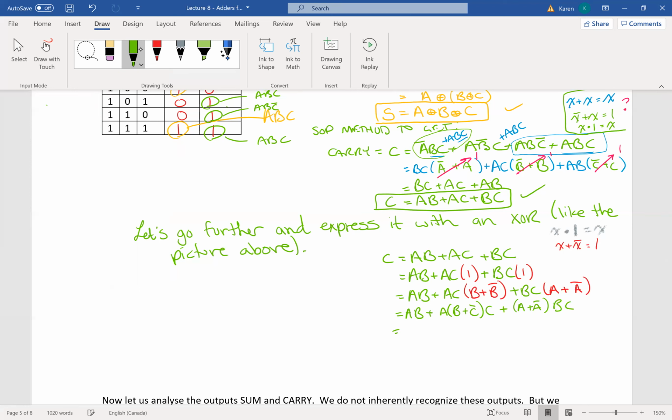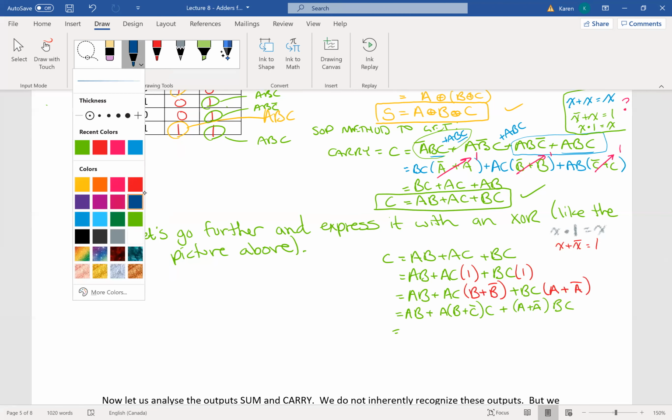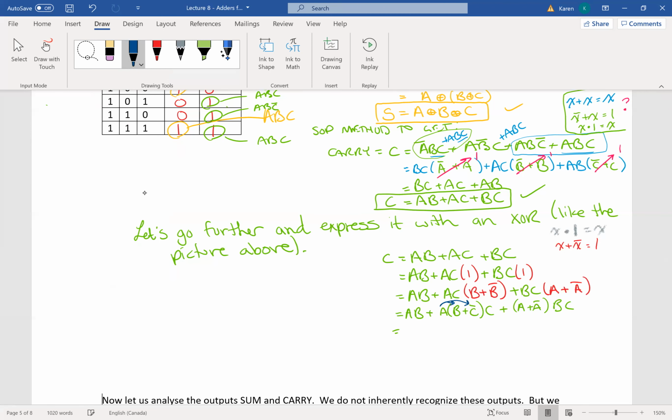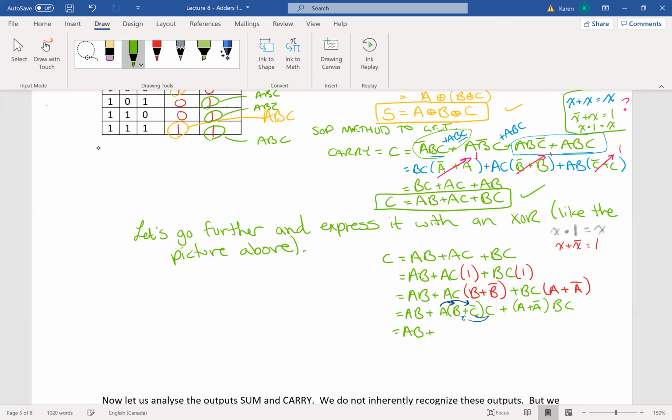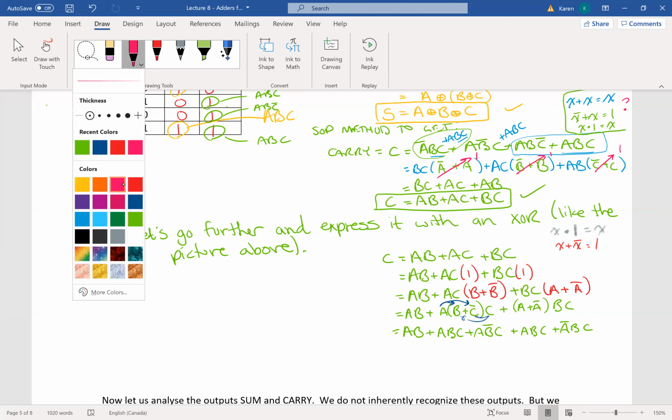Now I'm going to expand. So I can expand A and C across these terms, right? So I'm just expanding, and I'm going to get these. Now I can collect like terms.